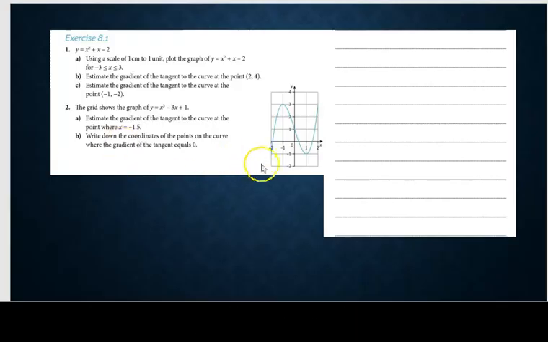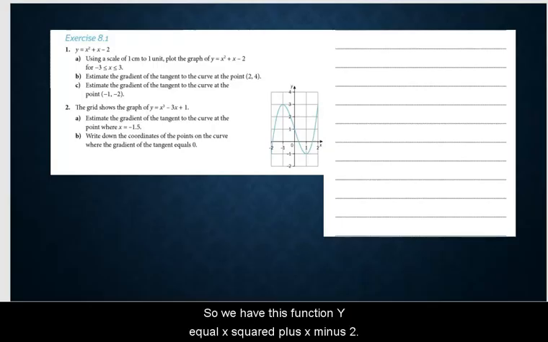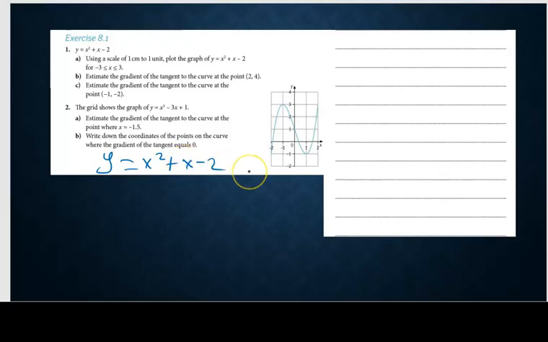So we have this function y equals x squared plus x minus 2.